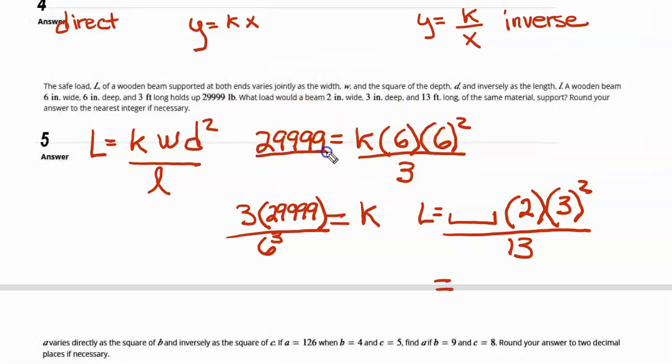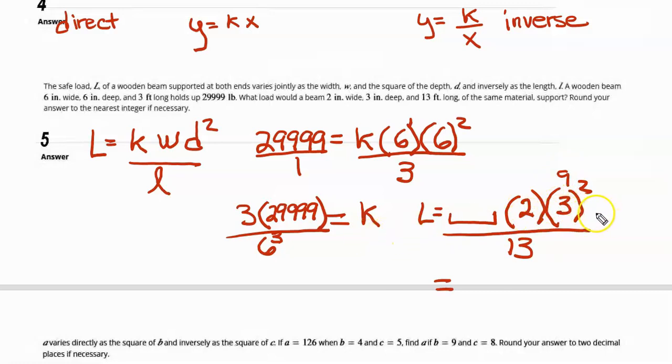Now to solve for what K is, I'm going to cross multiply and get 3 times this, which is this. And then I'm going to divide by, can you see there's 1, 2, 3, 6 to the third here? So this would be my value for K that I'm going to put in my calculator, get a value here, multiply it by 2, and then I could just do a 9 here.